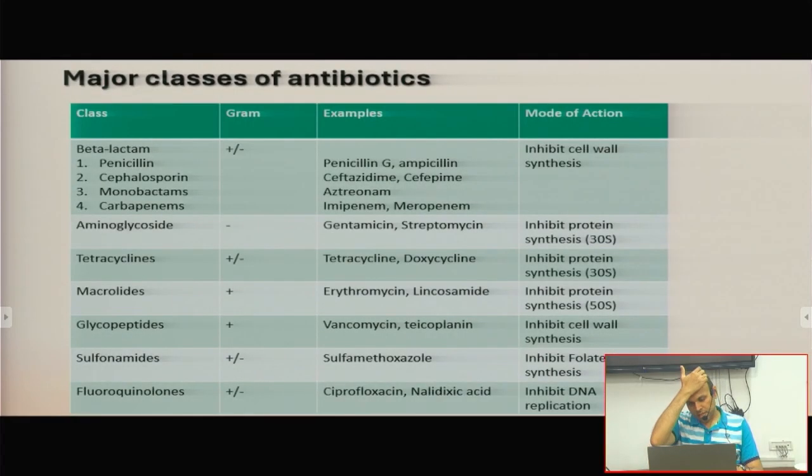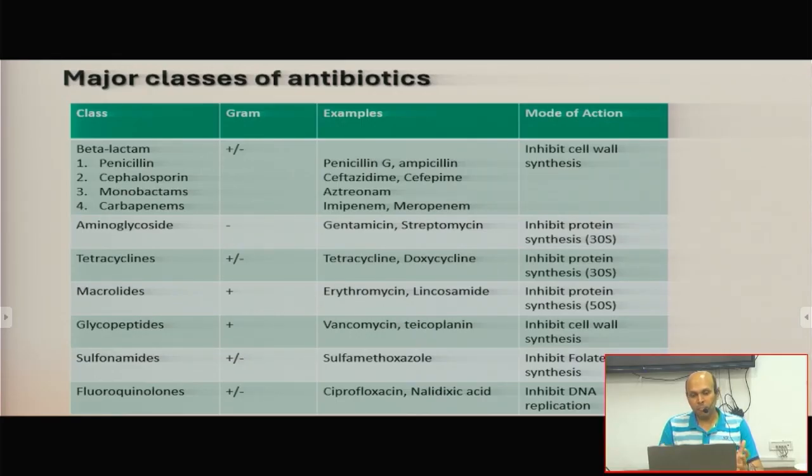So we discussed this yesterday as well. This is just a quick recap highlighting the different classes. You have got the beta-lactams, where you have got penicillin, cephalosporin, monobactams, carbapenems. These target both gram-positive and gram-negatives, and examples have been given.